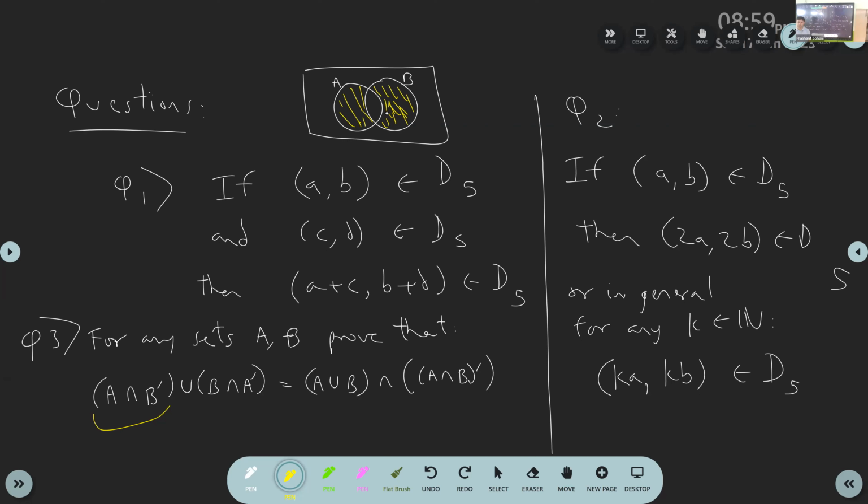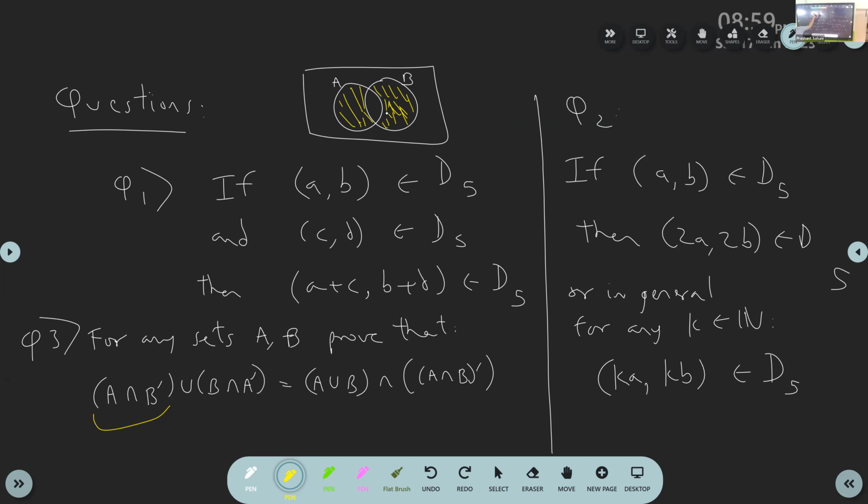Yes, that is what the right hand side is saying. If you put it in words, the yellow set is all the elements which are in A XOR B. Remember XOR, exclusive OR, where both statements are not true at the same time. So this yellow region is where the element is in A or in B, but not both true at the same time.